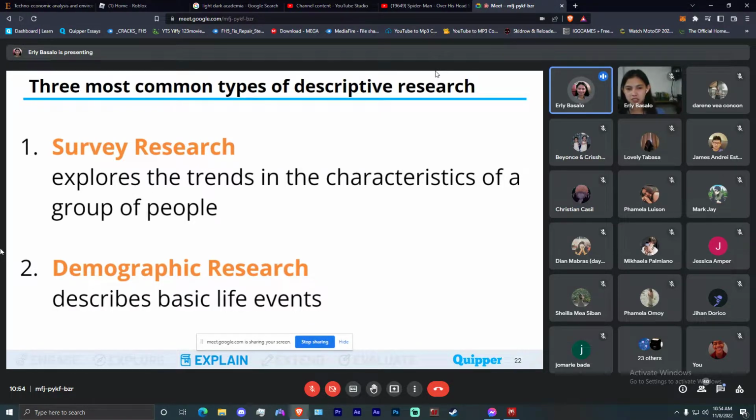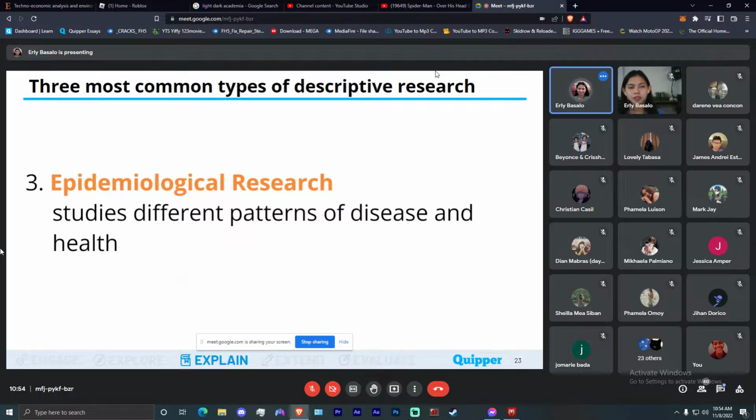Next, we have demographic research. So, we tend to know what are the age, the income of that particular family. In other words, it describes basic life events of the particular group of participants.